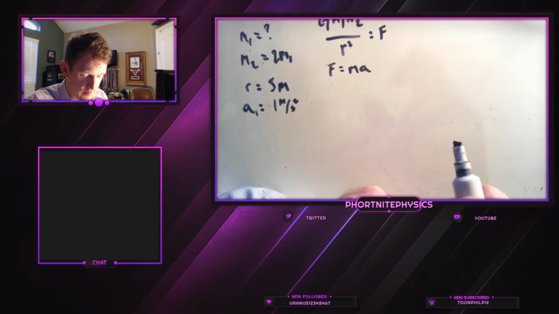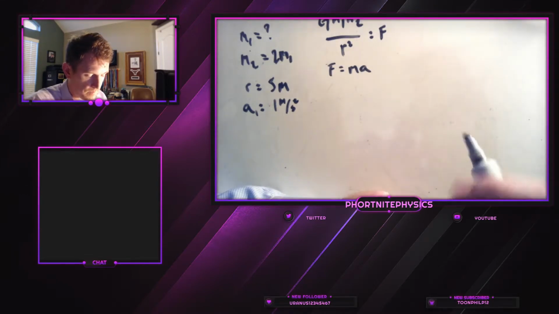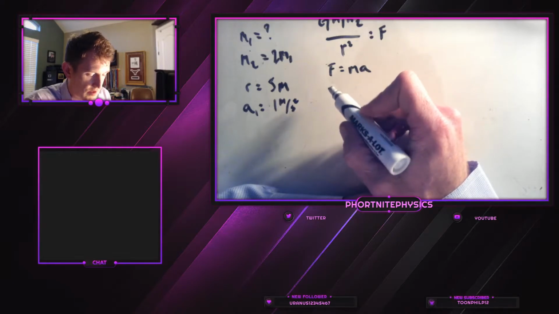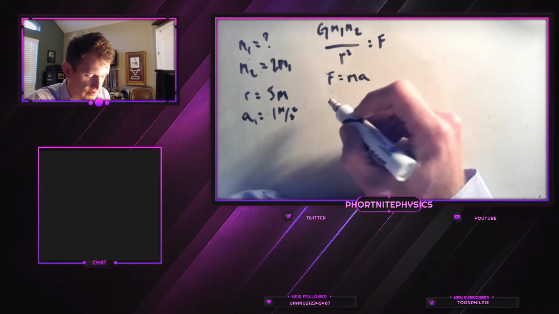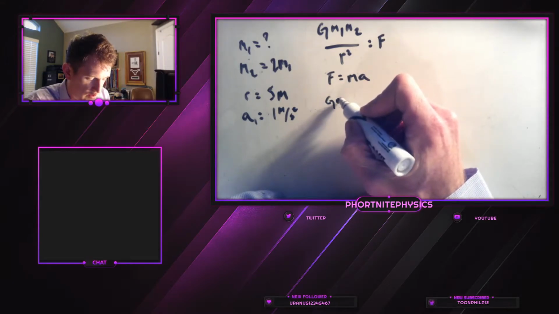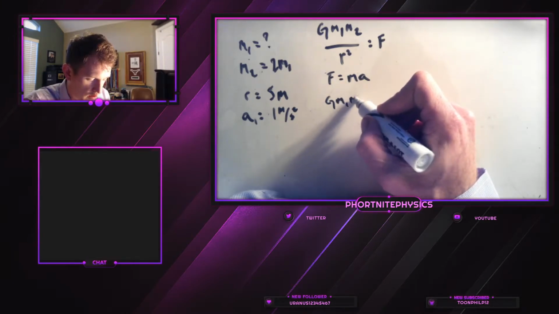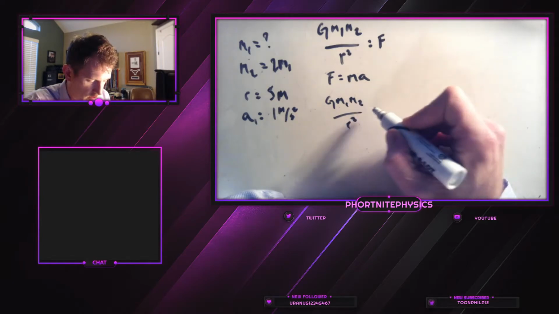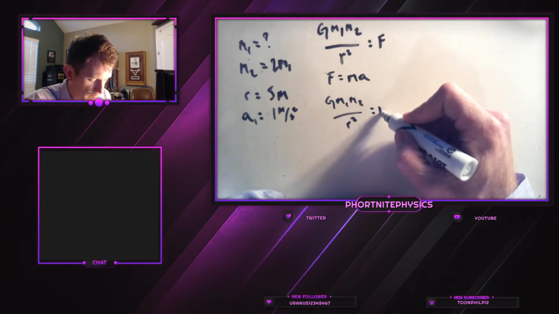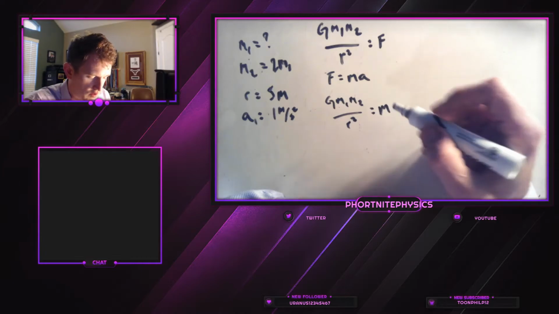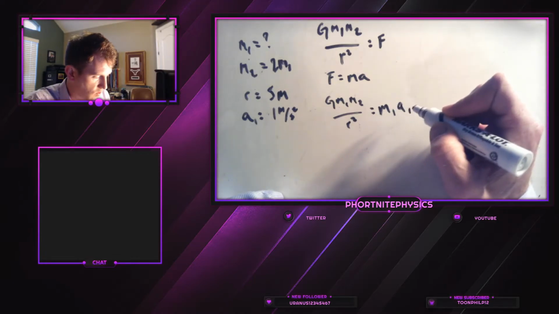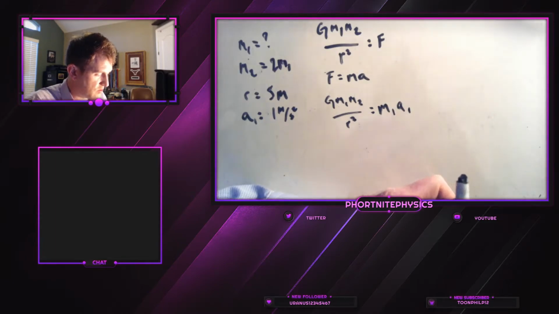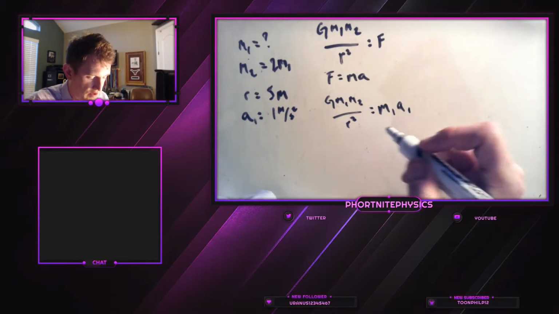So we can sub this F up here for this F, and rewrite our equation as G m1 m2 over r squared equals m1 a1. We should use m1 because we have an acceleration for that.